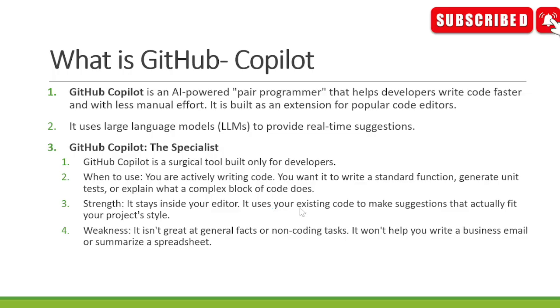It uses your existing code to make suggestions that actually fit your project's style. What is the weakness? It is not great at general, non-coding tasks. It wouldn't help you write a business email or summarize a spreadsheet. For that we have a separate Copilot. Normally we know it as Microsoft Copilot, but here we are talking about GitHub Copilot.